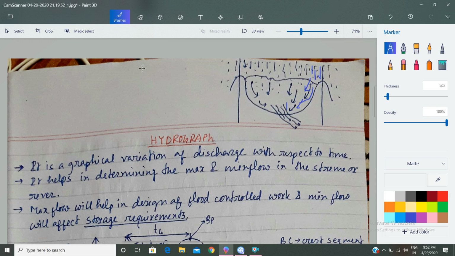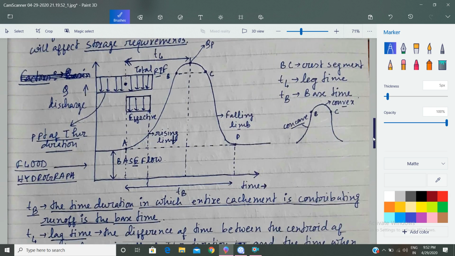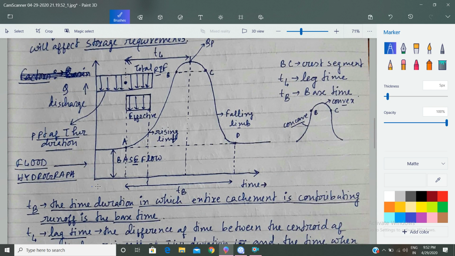So the stream discharge measured will be of greater time than the time of rainfall. Suppose rainfall occurred for 2 hours, but the discharge occurred in the stream for that isolated rainfall for 18 hours. So this 18 hours is known as the time base of the hydrograph.